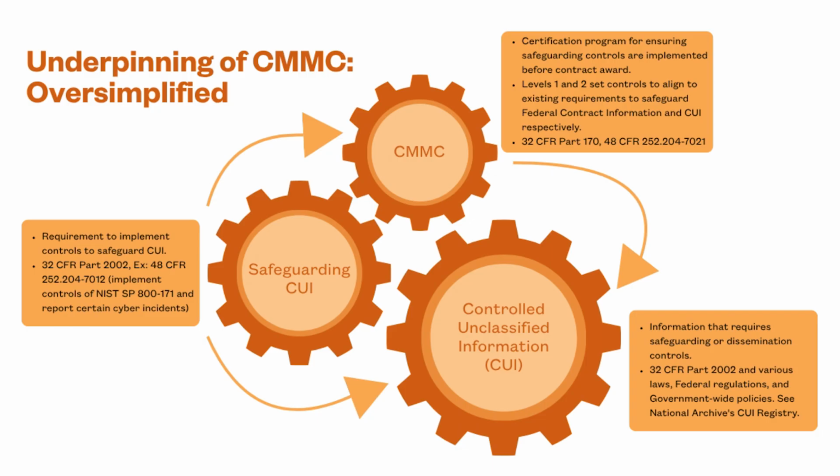CUI is a type of information that the government is required to protect, but it is not classified information. CUI includes things like legal documents, financial data, technical plans that could have a negative impact if broadly shared, or if it were to fall into the wrong hands.